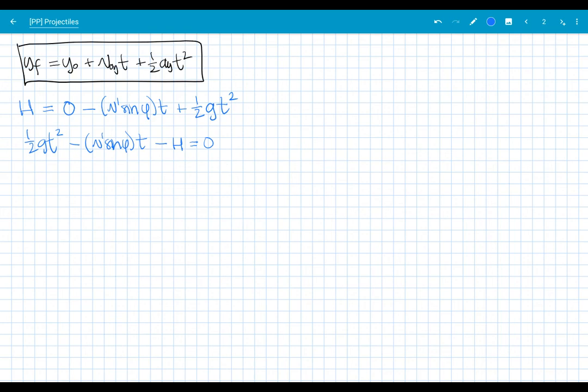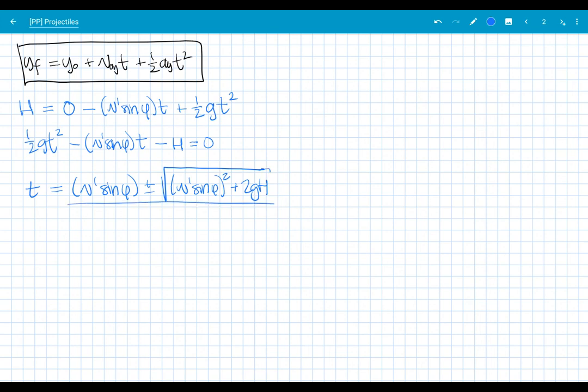Yay. So when I do that, I'm going to skip at least one step there. You can see the gory details in the written solution. What I end up with is something that looks like this. T is equal to V prime sine phi, and I'm going to say here plus or minus, because I want to talk about that, root of (V prime sine phi) squared plus 2gh, and that is all over g.